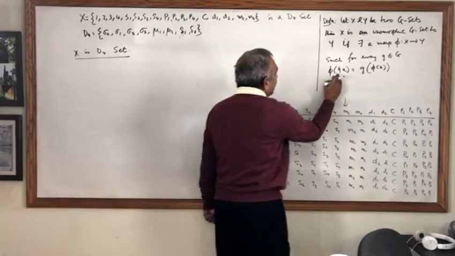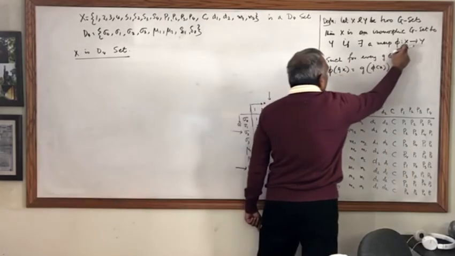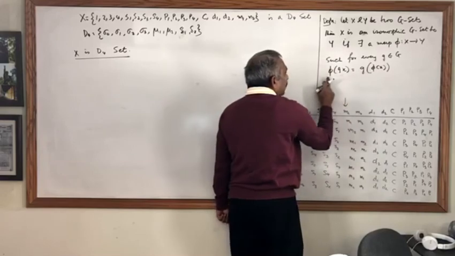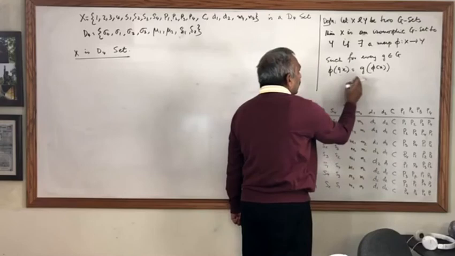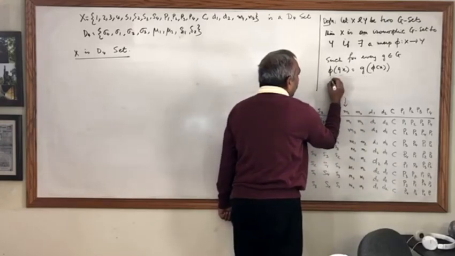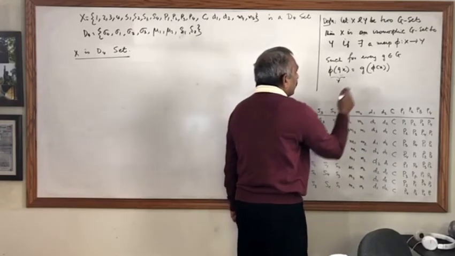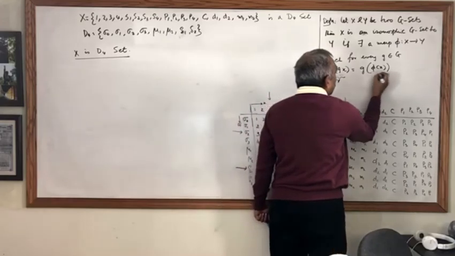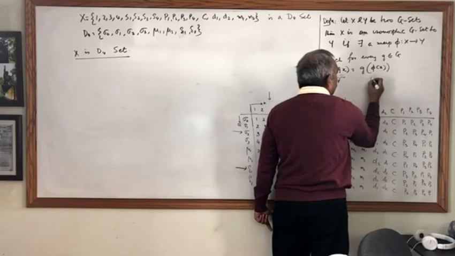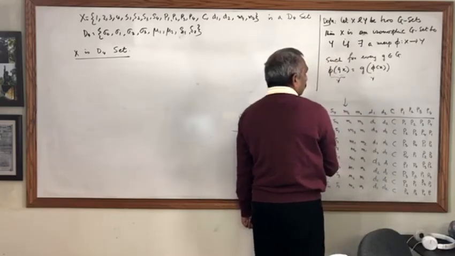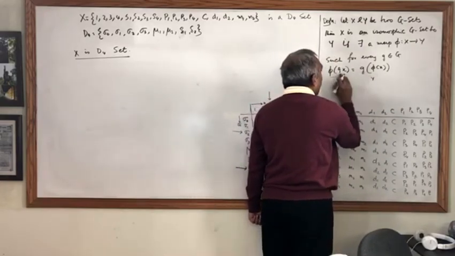See here gx is an element in X and you map that element to Y. So this is an element in Y. Here this is already an element in Y, and Y is a G set, so this is also an element in Y. So this has to be equal for every g.